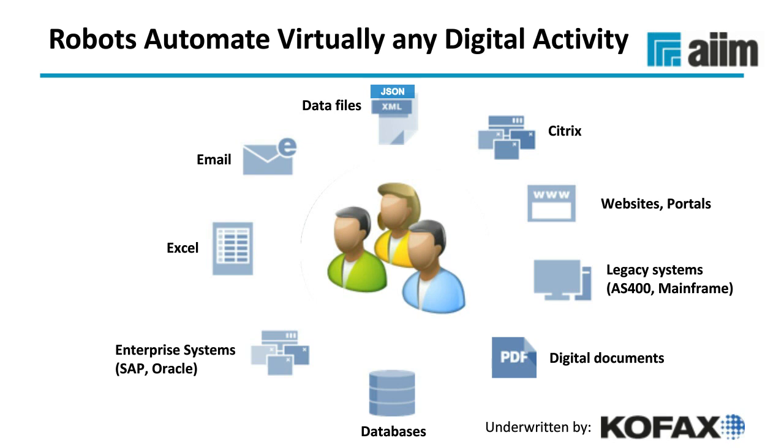So RPA can automate virtually any digital activity. If you think of, as you're seeing here, the array of different access points to which data would be populated or be present or be made accessible to various user bases, these knowledge workers I was referring to before. Part of the challenge is, and metadata was mentioned, yes, but it's just getting access to these different forms of data.